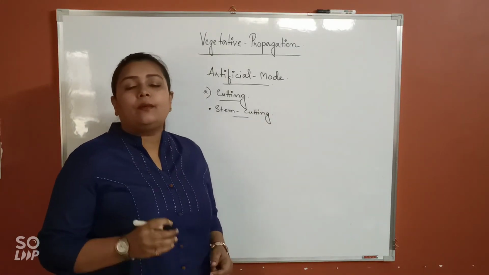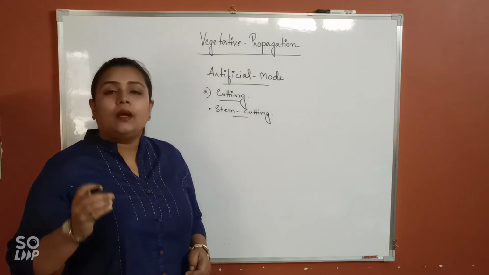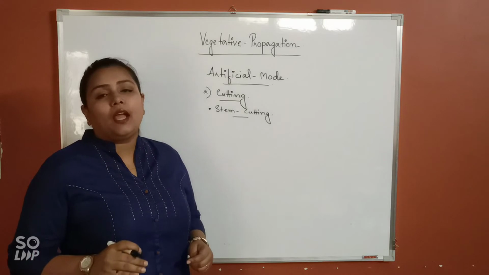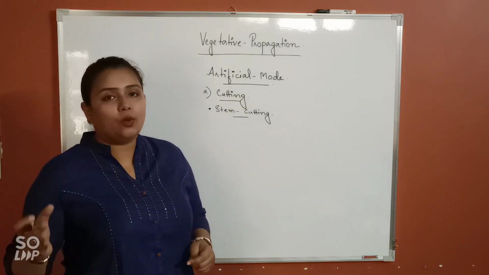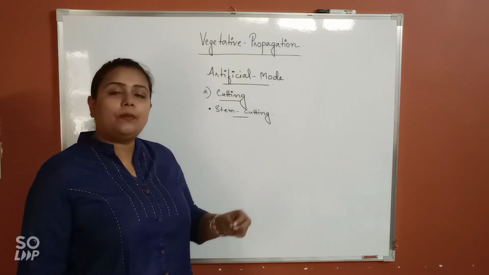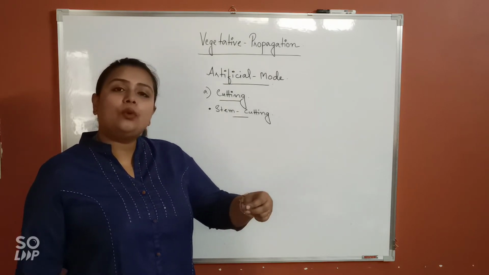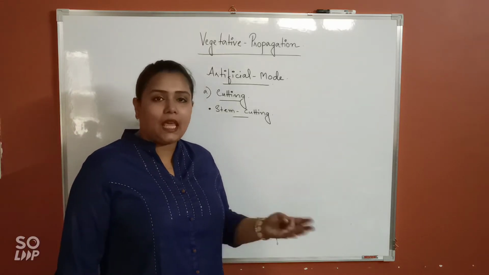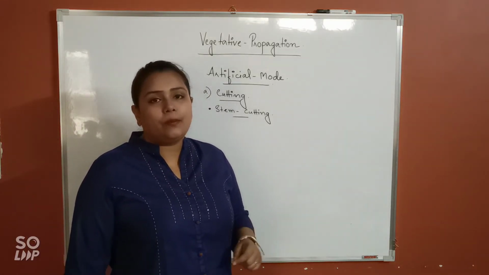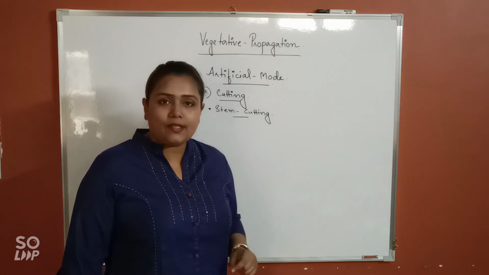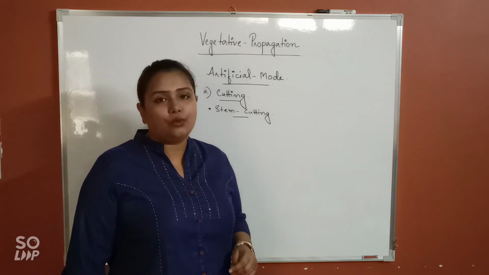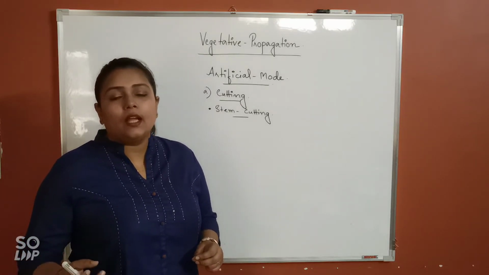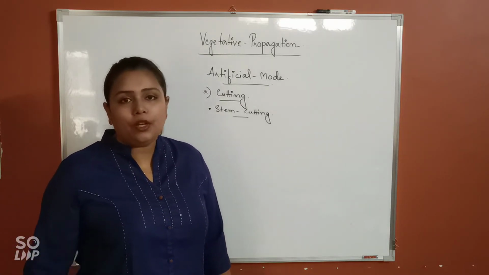In stem cutting, some 20 to 30 centimeter long part of the stem is taken, and this stem has to be 1 year old. The lower end of these pieces will be dipped into auxin solution, mainly containing auxins like IBA or NAA, indole 3-butyric acid and naphthalene acetic acid. These are the main auxins used for root promotion. Once the roots start to arise, the buds will germinate and give rise to a new plant.